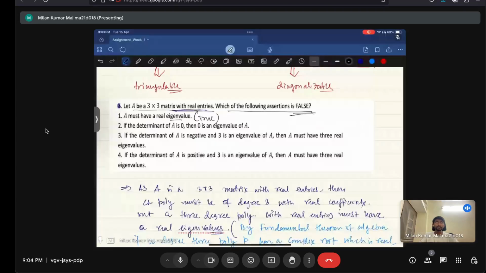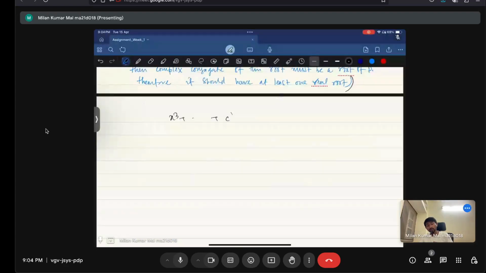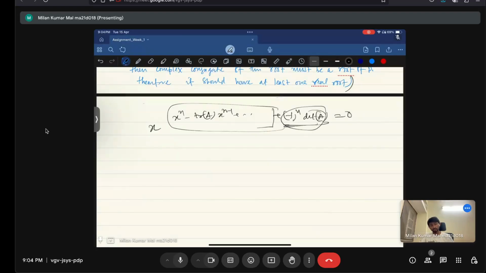Because if the determinant is 0, the characteristic polynomial will be something like x cubed plus ... plus the last term, the constant term, which represents the determinant. For any n by n matrix, the characteristic polynomial is x to the power n minus trace of A times x to the power n minus 1 plus ... plus minus 1 to the power n times determinant of A. So if the determinant of A is 0, the last term is 0, and every remaining term has x, so x will be common.